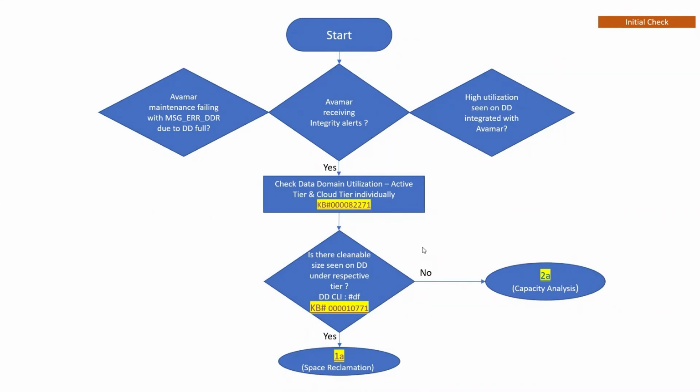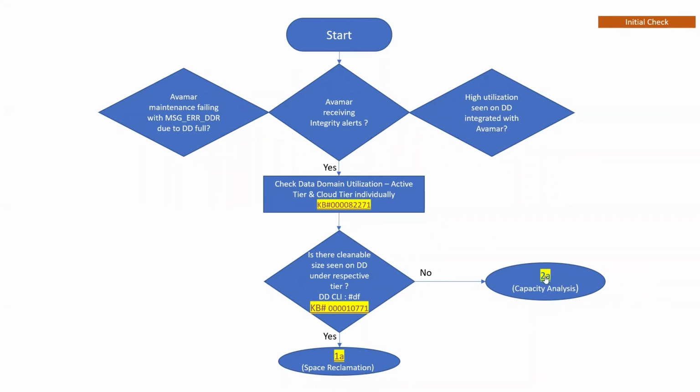What if there is no cleanable space? Or what if you have already gone through space reclamation and did not reclaim any space, and the available space is still 0 and there is no cleanable space? In those scenarios, you have to first do the capacity analysis.